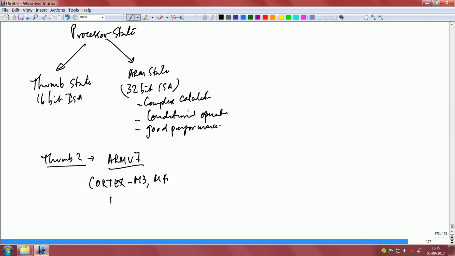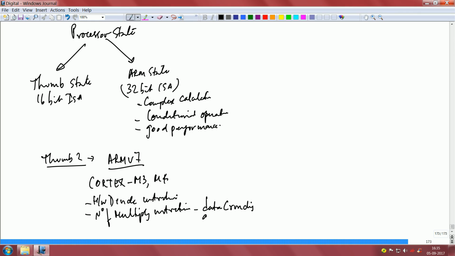So, divide instructions, I already mentioned this, but I will just write it for completeness. Hardware divide, very important, then a number of multiply instructions for any data crunching applications.